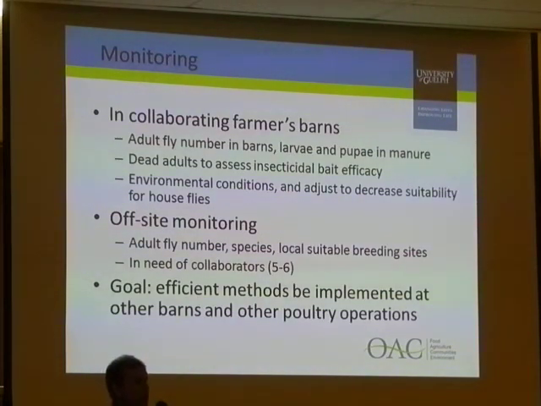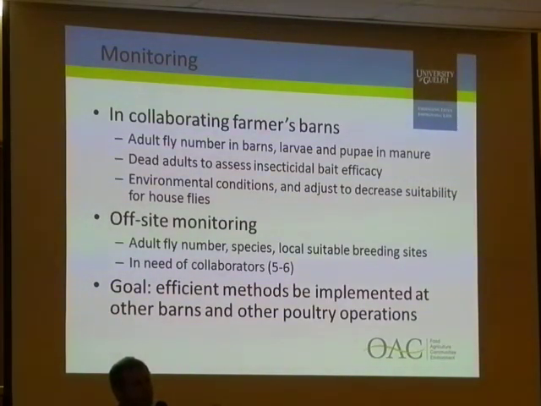And we also would like to monitor off-site. There's a sign-up sheet there close to the insect box. We'll probably need 5 or 6 or 7 collaborators for monitoring at their place, depending on where you live, and we would go every week to monitor the amount of flies.